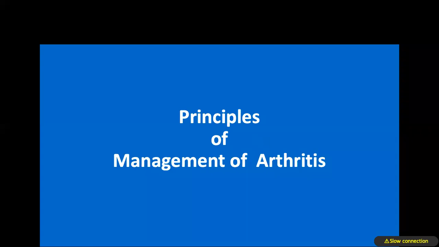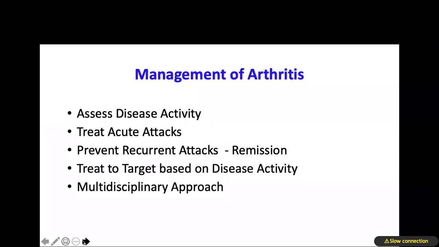So I'll be talking about the principles of management of arthritis. Now, how is that? Is that better? So there are 4 components that I would like to tackle. And if there is any patient with arthritis, we have to first assess how bad the disease is.